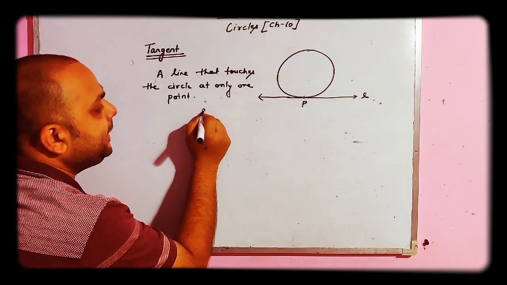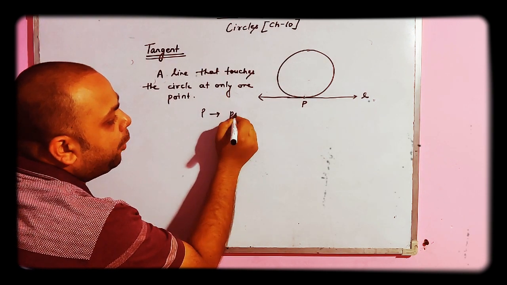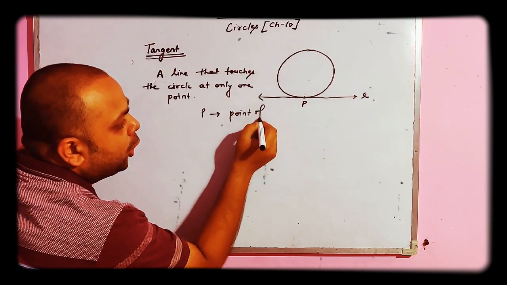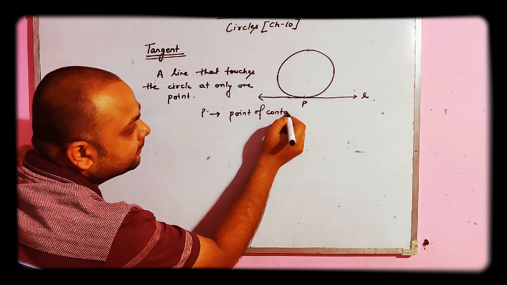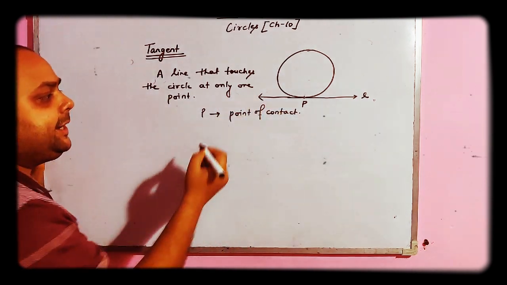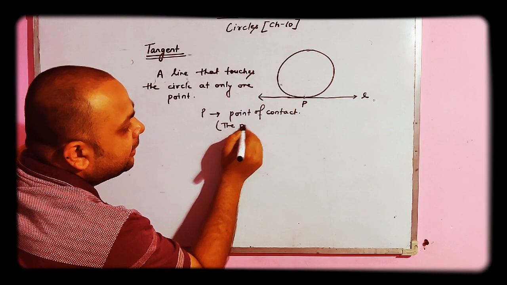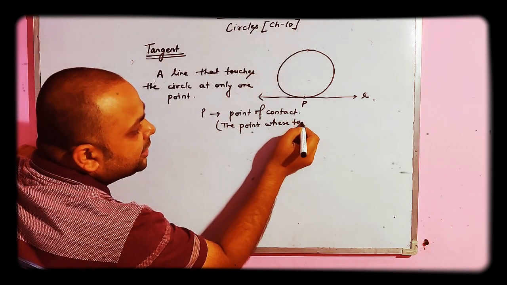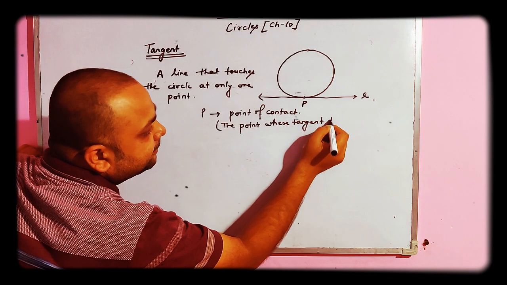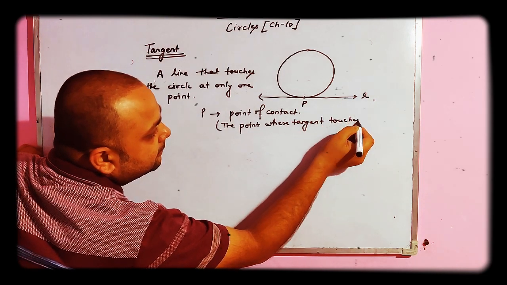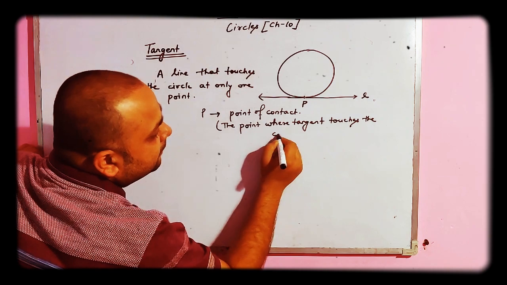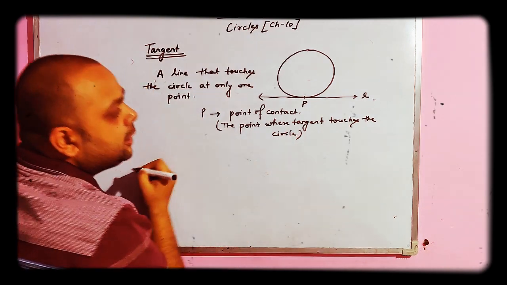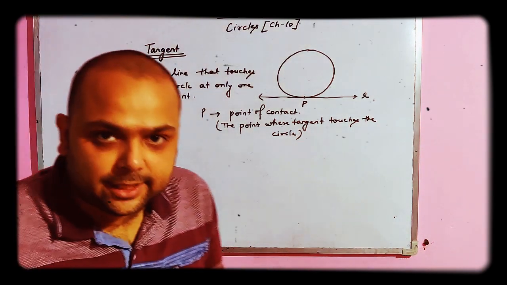That point is called the point of contact. The point where the tangent touches the circle is called the point of contact.